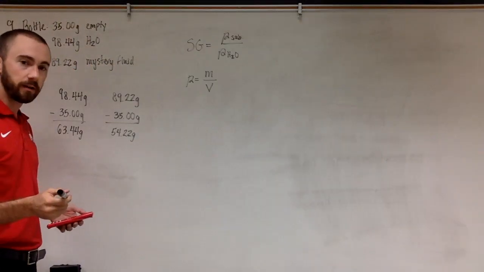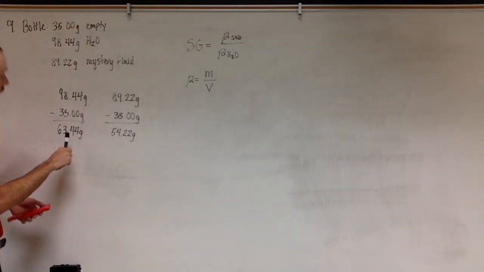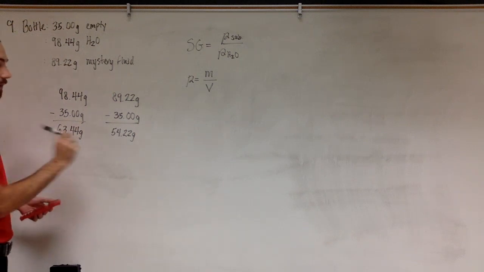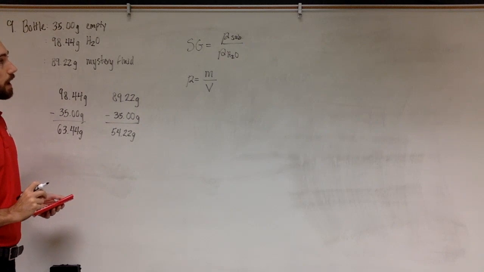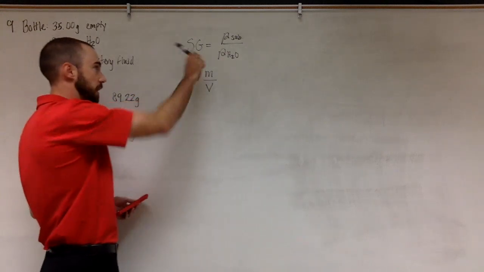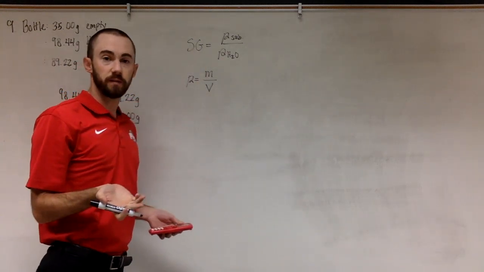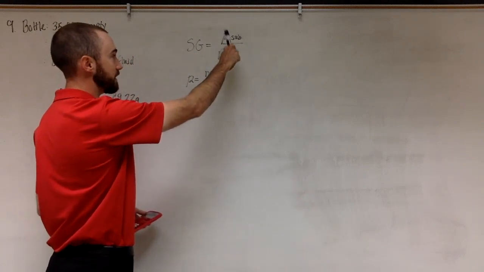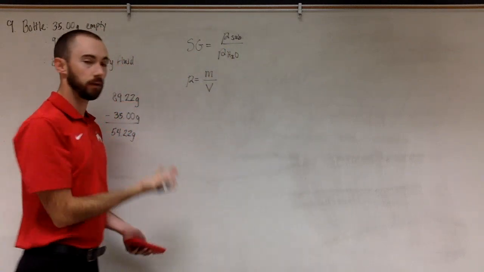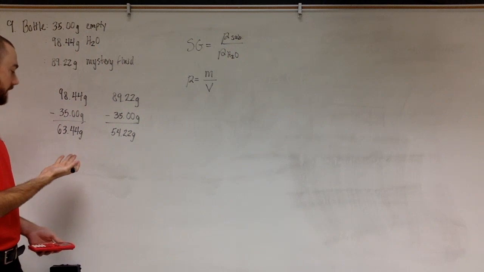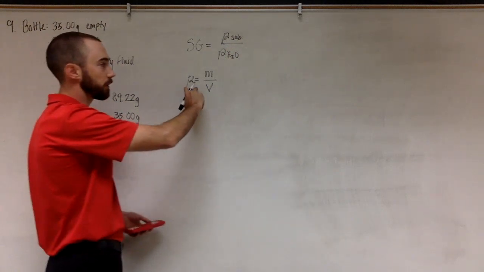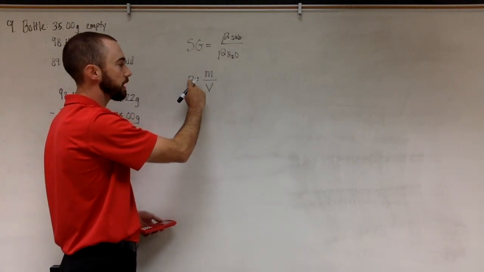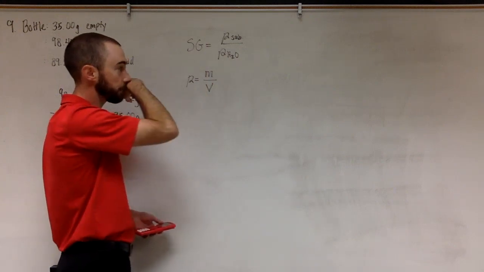All right, so what I've gone and done is I've found the mass of the water that's in the bottle, and I found the mass of the mystery fluid. And using that, I'm going to look at my specific gravity formula. To find specific gravity, I need to know the density of my substance over the density of the water. All I'm given here, though, is the mass. So I need to look at my density formula. What can I do with this to find my density?